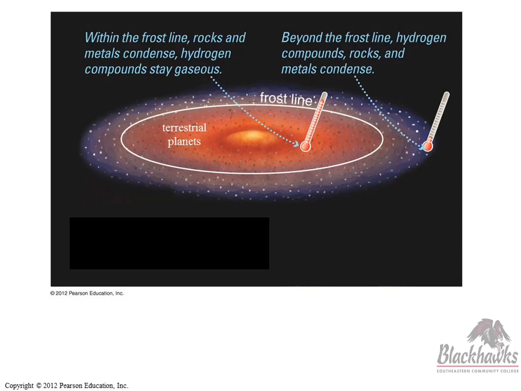Like I said, you get your rocky stuff, but you also get your snow, basically. You can get water to be a solid out there. On the inside of the frost line, water's just going to be a vapor. Water's going to be a gas. Does that make sense? So that kind of ends up with our rocky planets and our gaseous planets in a nutshell. Okay, so our Jovian planets are outside, our terrestrial planets are inside the frost line.